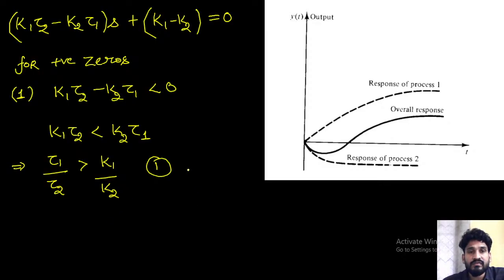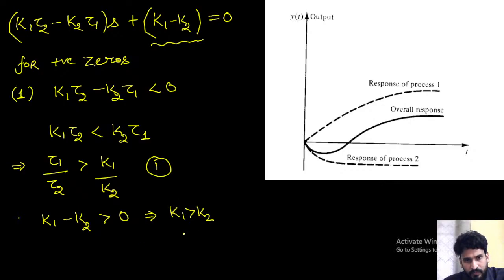This first condition is valid only if this is positive. If this is positive, then the second condition will come from here, that k1 minus k2 must be greater than 0, or we can say that k1 is greater than k2, or k1 divided by k2 is greater than 1. This is my second condition.